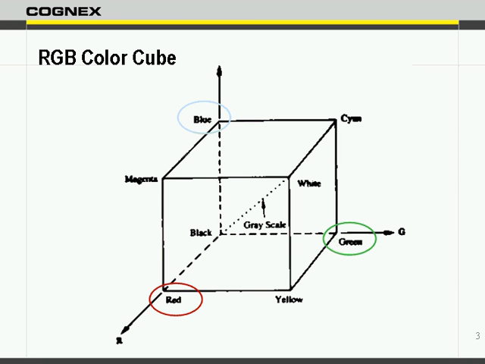The grayscale line is a line that goes from 0, 0, 0, absolute dark or black, to 255, 255, 255 for red, green, and blue, which would make perfect white.